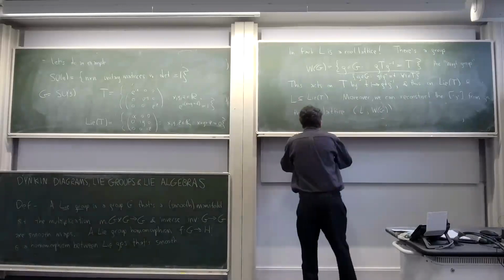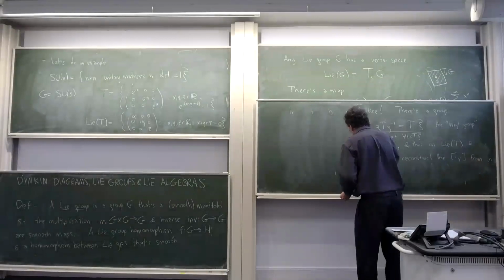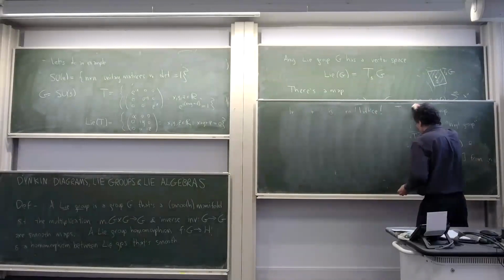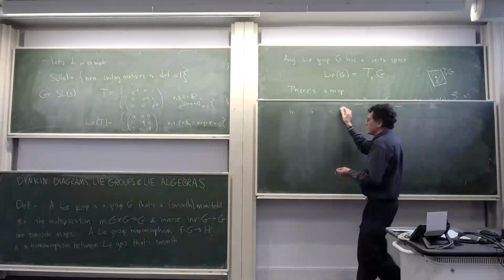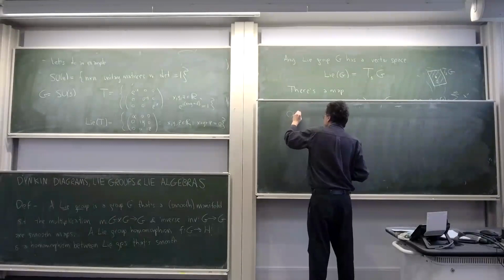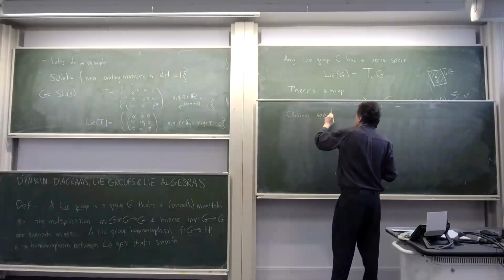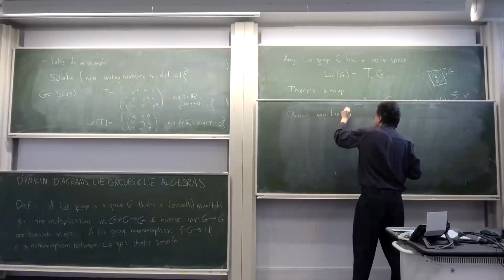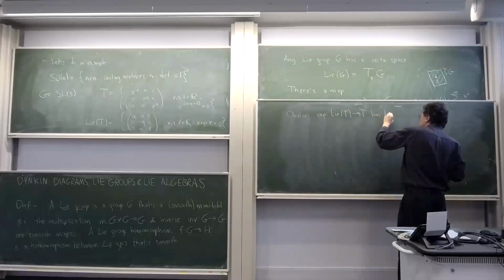So then, let's think about the kernel of that exponential map. That's supposed to be our lattice. We have the obvious exponential map from the Lie algebra of T to T, and the lattice is this kernel.